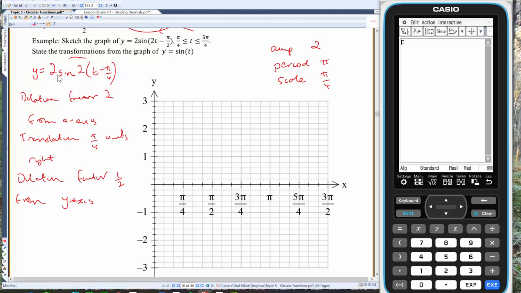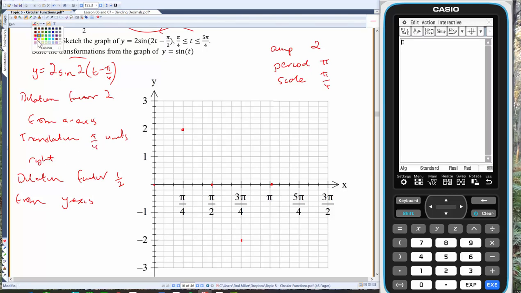What I'm going to do now is sketch 2 sine 2t. So I'm going to put a point there, a point there, a point there, a point there, and a point there. Now I'm going to note that it wants this sketched between pi on 4 and 5 pi on 4. Okay, so what's going to happen with each of these points once I translate them? I'm noting that this is a translation pi on 4 units to the right.